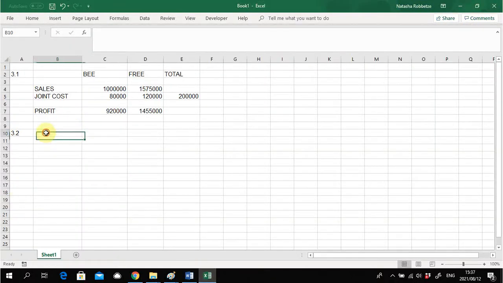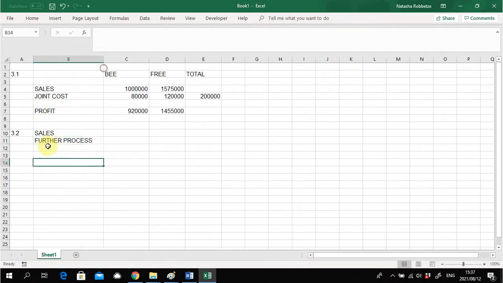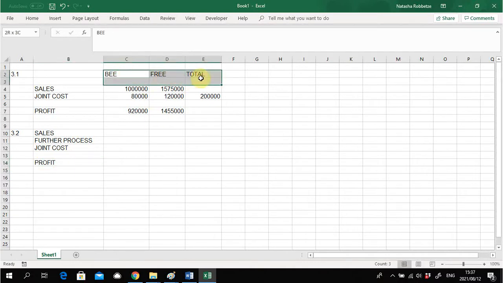We're going to have again sales, further processing costs, and the joint cost. If we minus the two types of costs from the sales, we will get to profit. I'm just going to copy the names of the products.